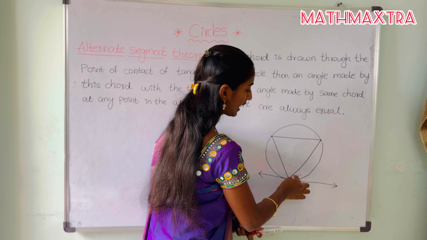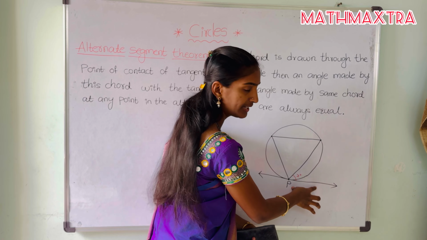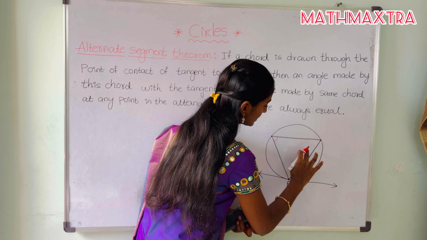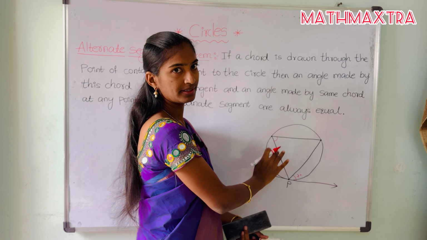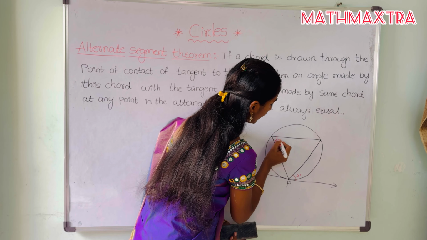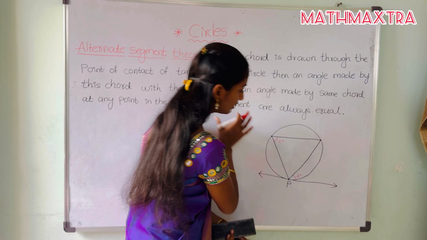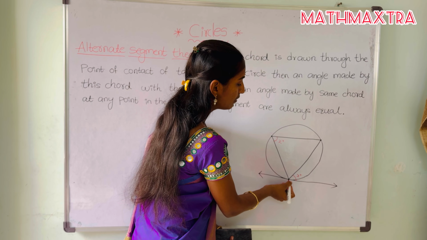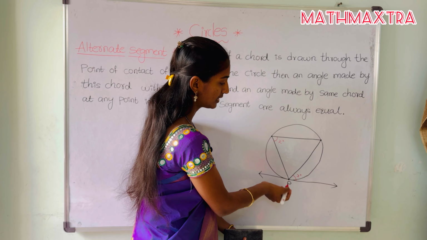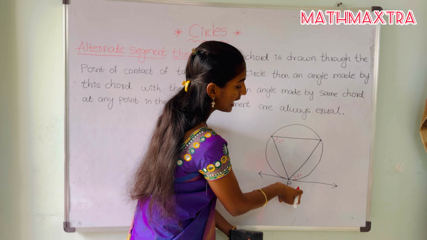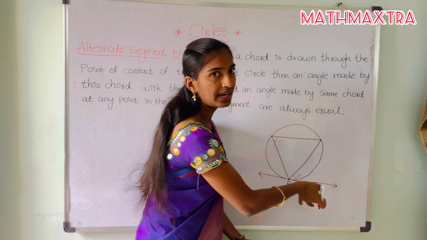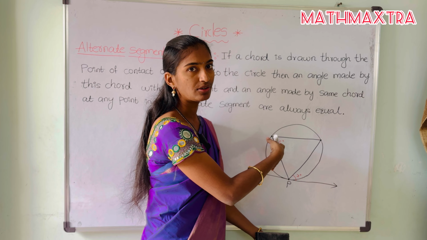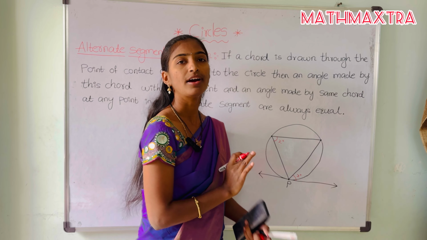This is the angle made by this chord with the tangent, and this is the angle made by the same chord in another segment, and these two angles are equal. So this theorem states that a chord from the point of contact of a circle makes an angle with the tangent, and the same chord makes an angle in any other segment of the circle, and those two are equal.